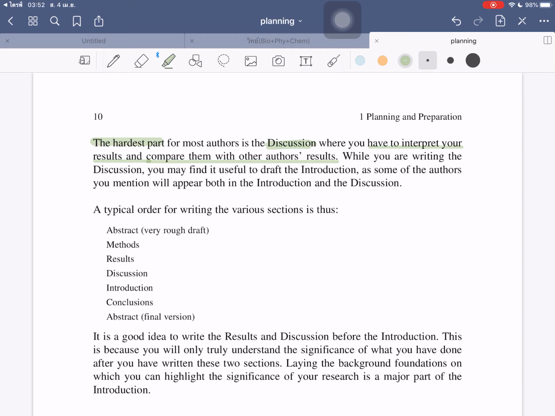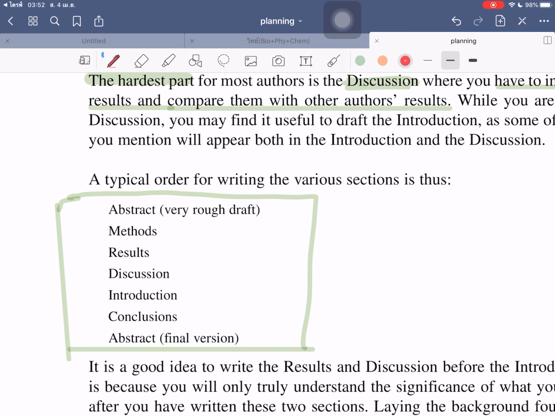And this is the kind of magic formula, the typical order. The general order usually starts with abstract normally, then methods, results, discussion, introduction, conclusion, and once again abstract.